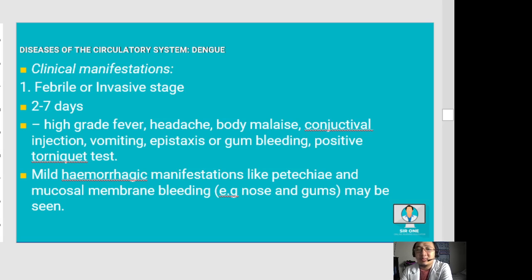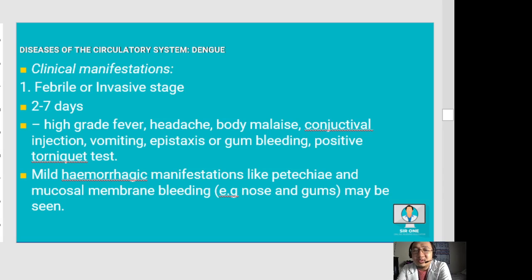This one shows clinical manifestations based on stages. This is, I think, also very important to know, because it is usually tied with the duration of the days of the disease.